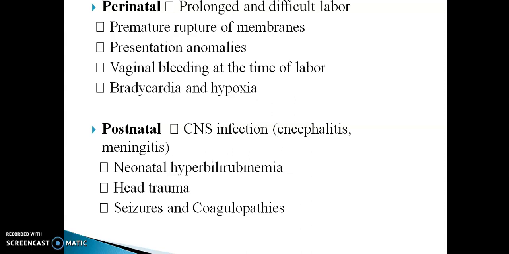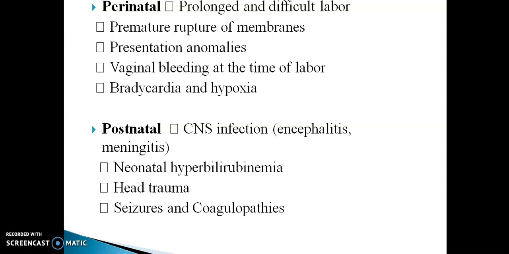Premature rupture of the membranes in the first stage of labor, if premature, leads again to prolonged labor. Asphyxia may then happen for the child, and oxygenation of the brain will be affected, leading to asphyxiation.